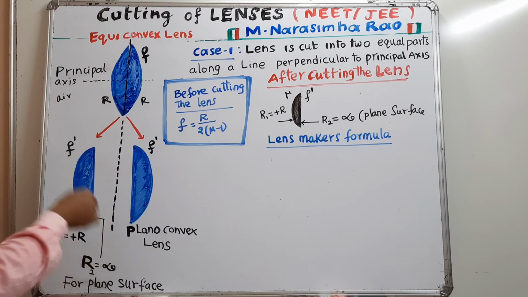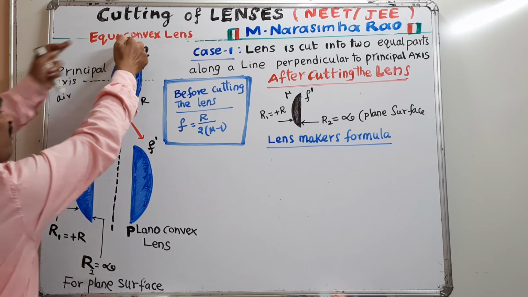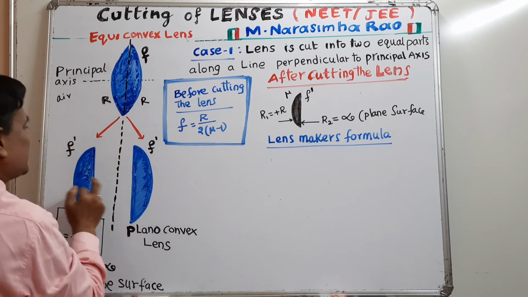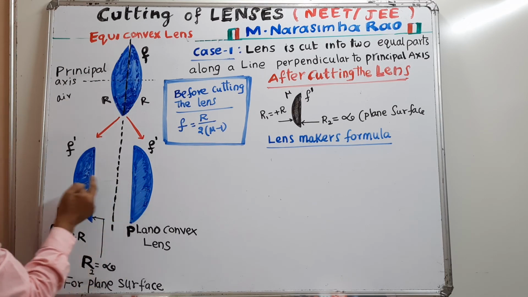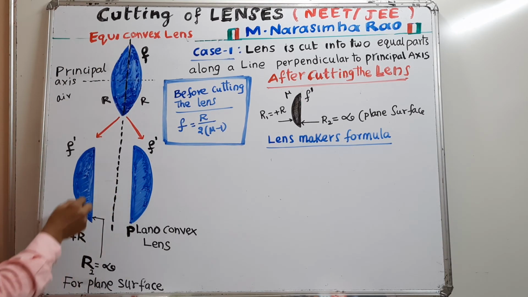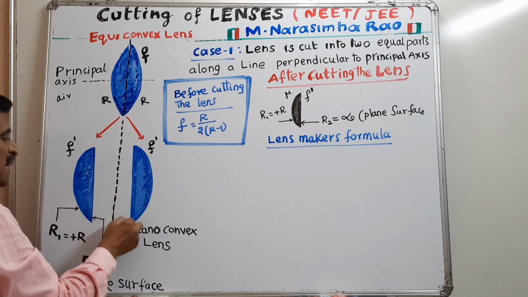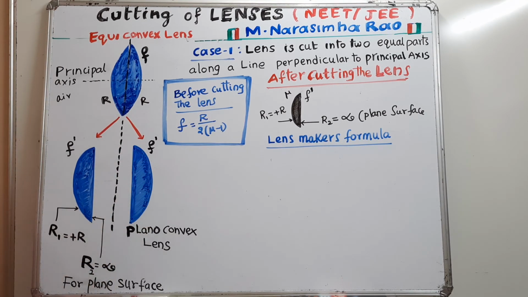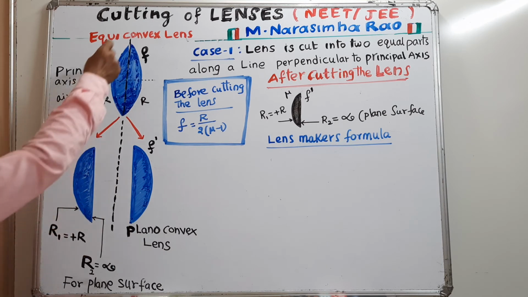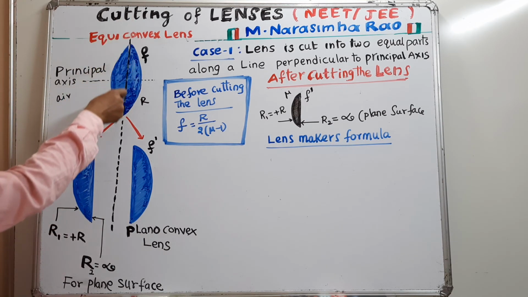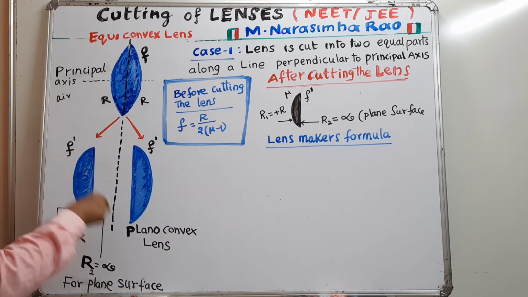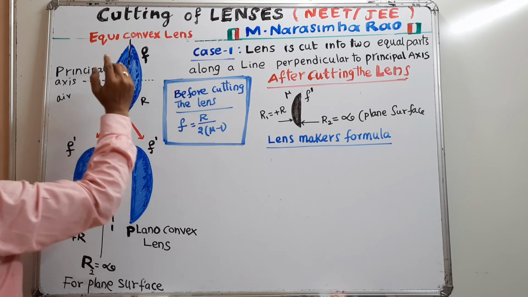Now this equiconvex lens is divided into two equal pieces: the first piece is a plano-convex lens, and the second piece is also a plano-convex lens. The lens is cut along the vertical direction, which is perpendicular to the principal axis.